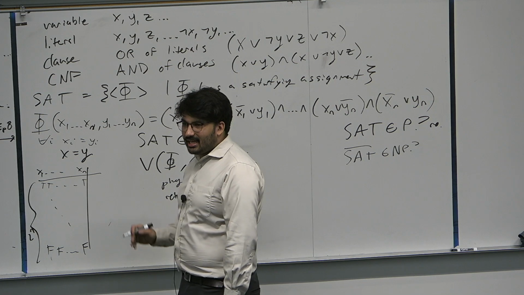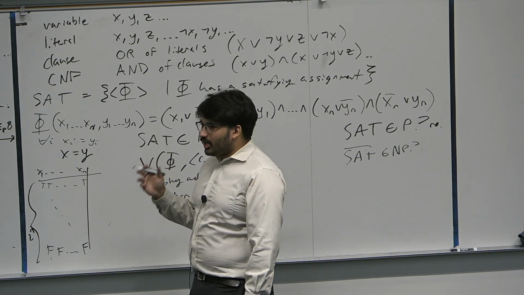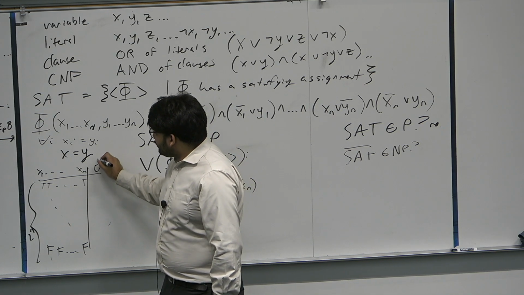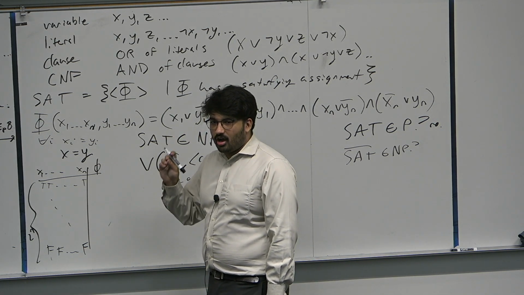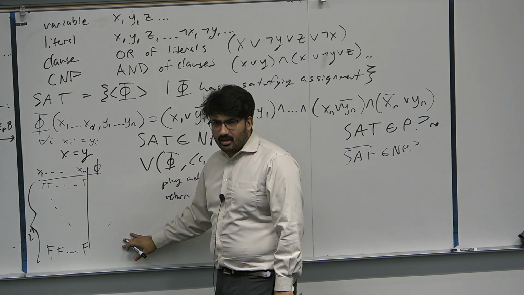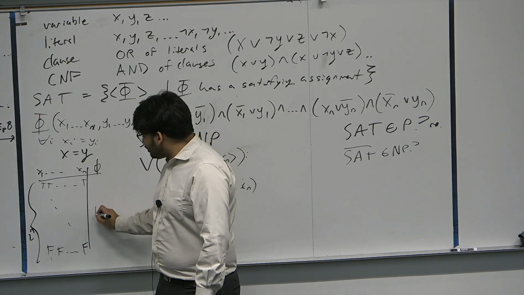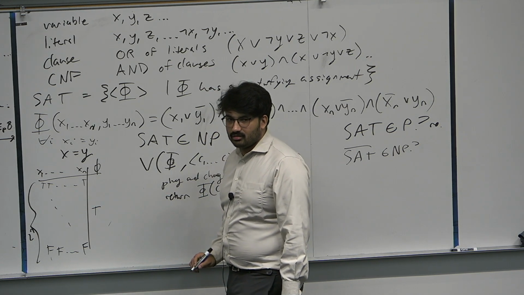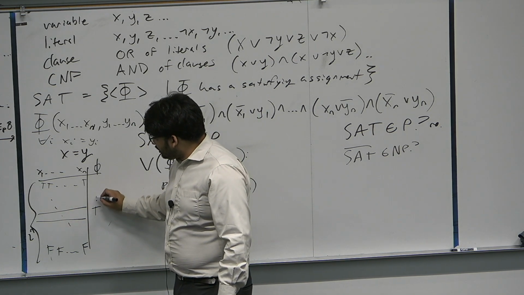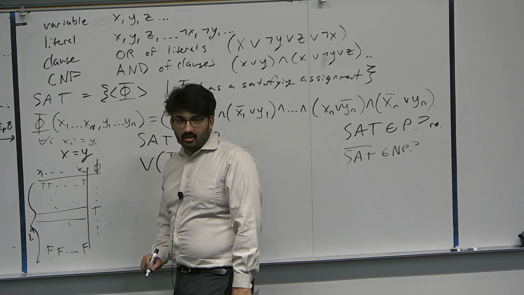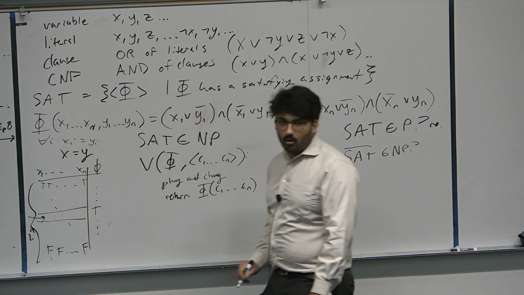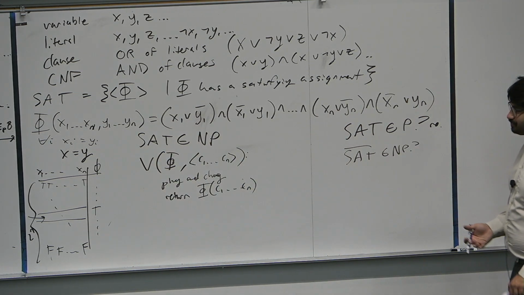The reason SAT is in NP is because we're asking, is there a satisfying assignment to the CNF, in this truth table of size 2 to the n, does there exist a row that has a T? If this T exists, then we say the formula is satisfiable. And the witness simply tells us which row to go to. That's really what the witness is.